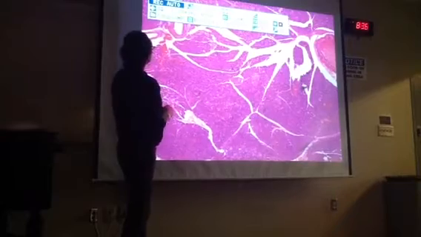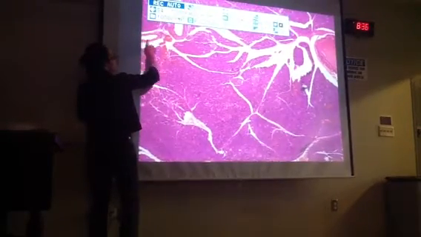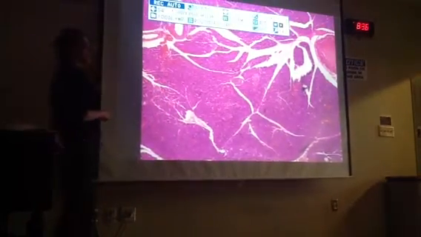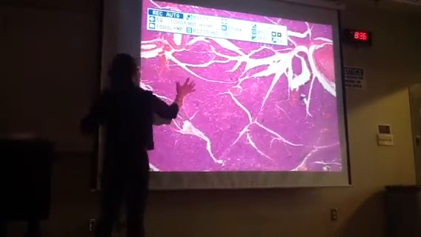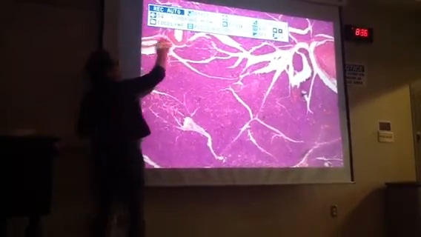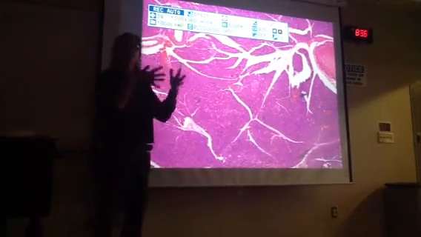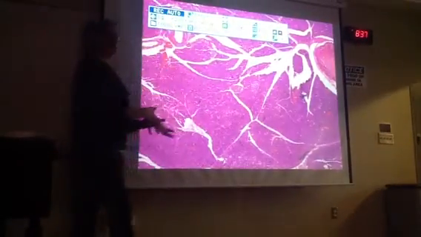Then you'll also see ducts. These round guys, generally lined with simple cuboidal epithelia, would just be your pancreatic ducts. All of the digestive enzymes would get exocytosed into these ducts, and they would all converge to form one big pancreatic duct that then went over to the small intestine.